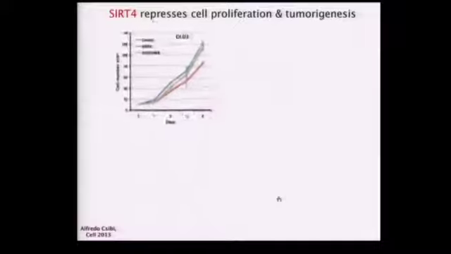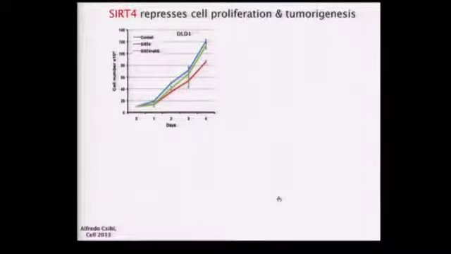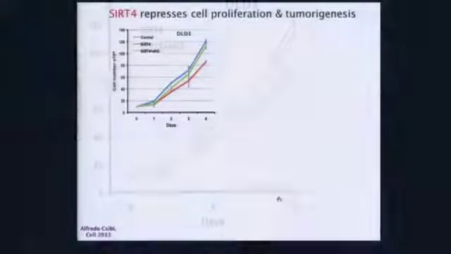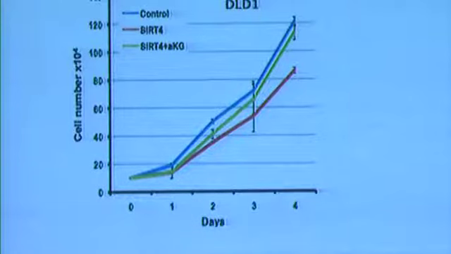Okay, I'm not going to go through these slides because of time, but we have lots of data that suggests that SIRT4 has tumor suppressor-like activity. I'm just going to run through these real quick. If you overexpress SIRT4 in these DLD cells, they grow a little more slowly, but importantly, if you put alpha-ketoglutarate into the media, you completely rescue the effects of overexpressing SIRT4. Tumor growth is reduced, tumor volume is reduced, and the proliferation of the tumor cells is greatly reduced when you overexpress SIRT4.